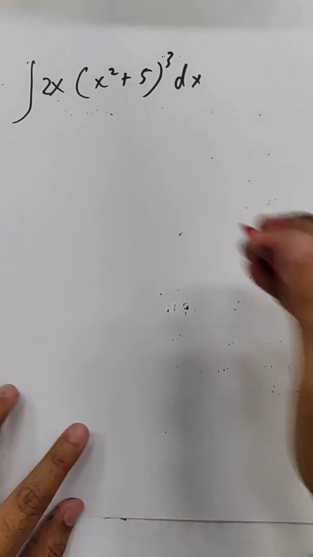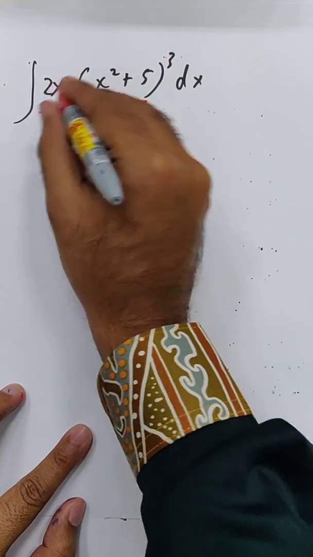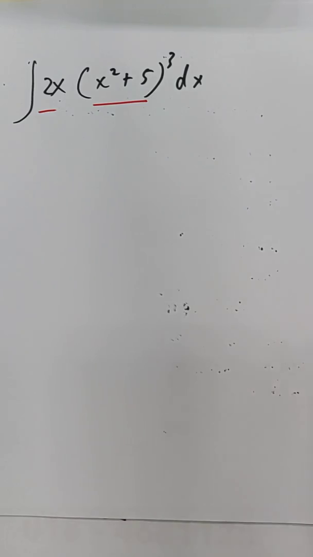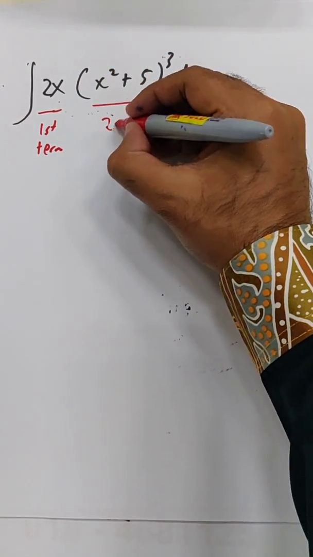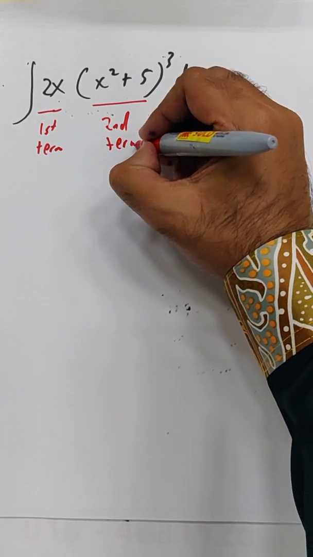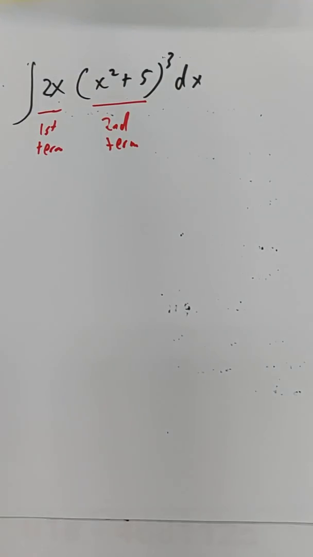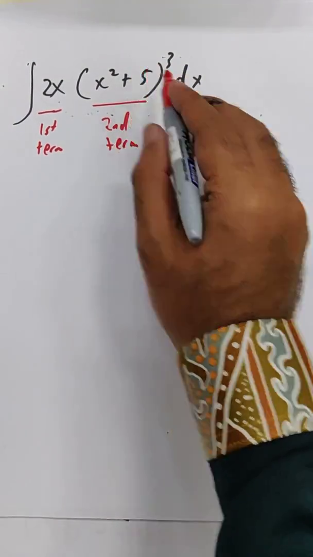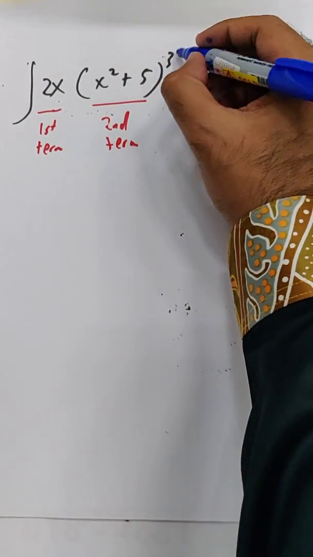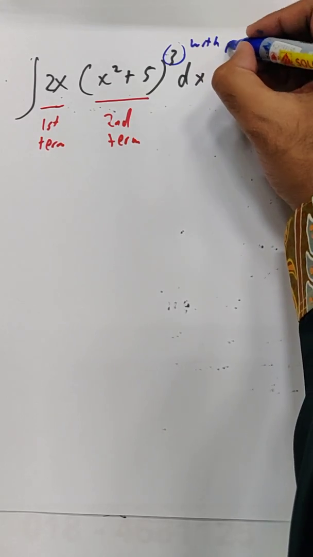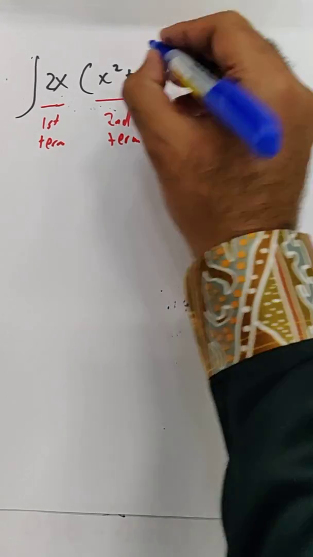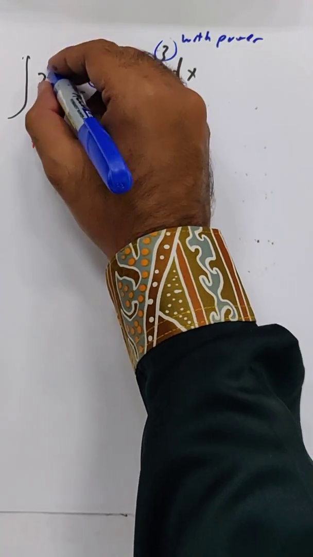Okay, as you can see here, there are two terms, one left, one right, or first or second. And if you see here, if I differentiate this one, normally the one with the power, I'll get the front part.